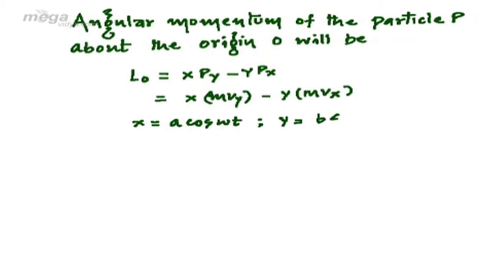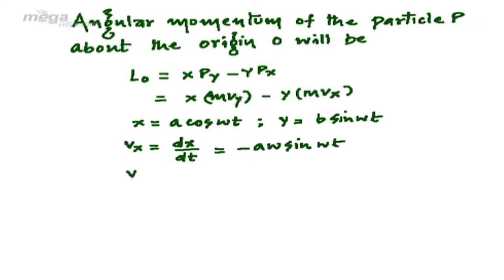By differentiation, we will get vx equal to dx/dt, which is equal to minus a ω sin ωt. Similarly, vy can be written as dy/dt, which is equal to b ω cos ωt.